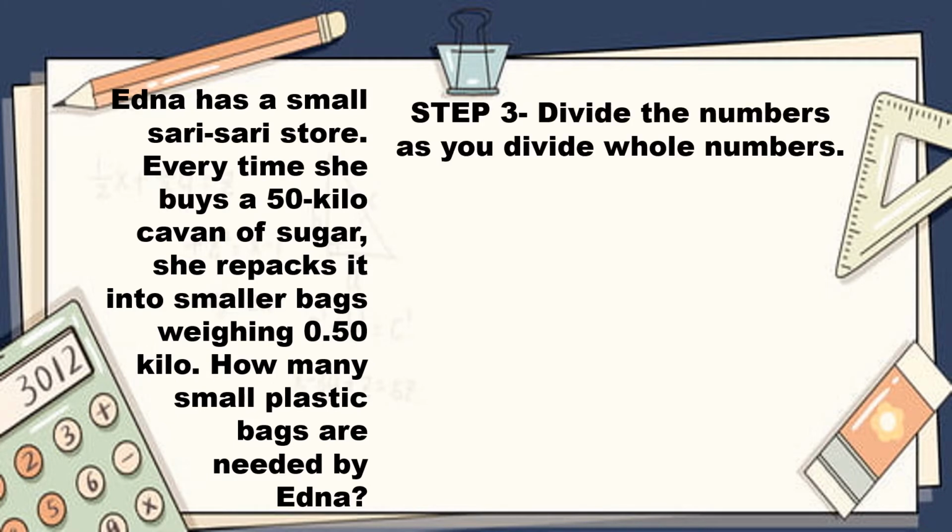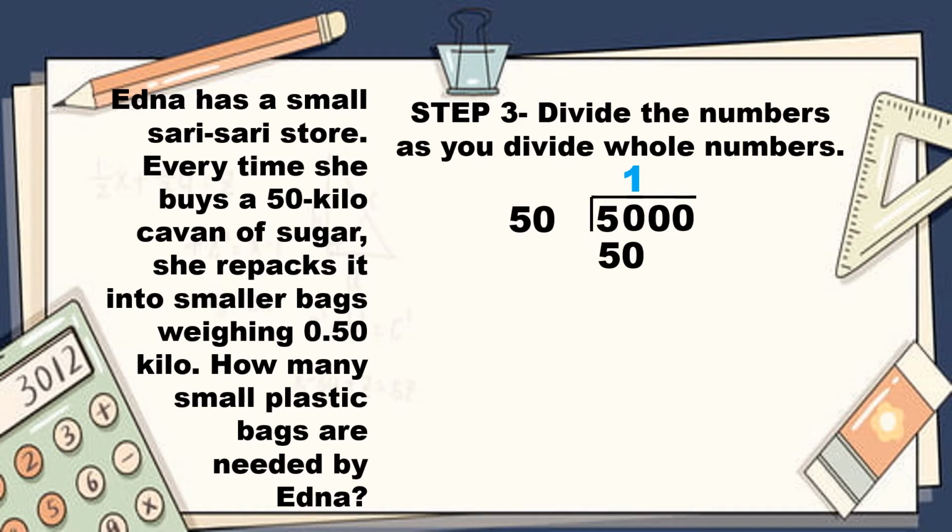Step 3. Divide the numbers as you divide whole numbers. 5,000 divided by 50. 50 divided by 50 is 1. Then 1 times 50 equals 50.